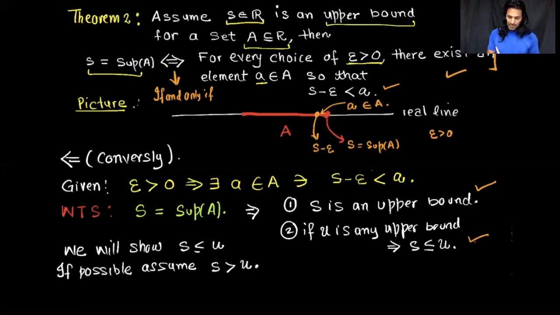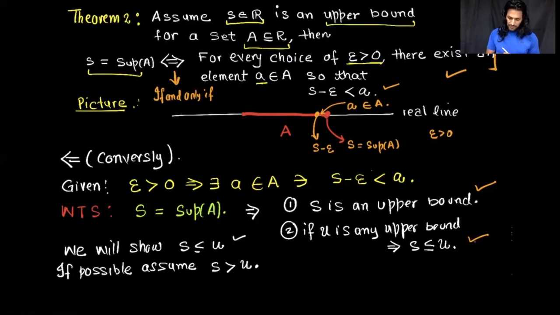So we need to prove that S is less than or equal to U, and I will assume the opposite of that, that if possible, S is strictly greater than U. And I will prove that this statement is absurd by giving you some contradictions.